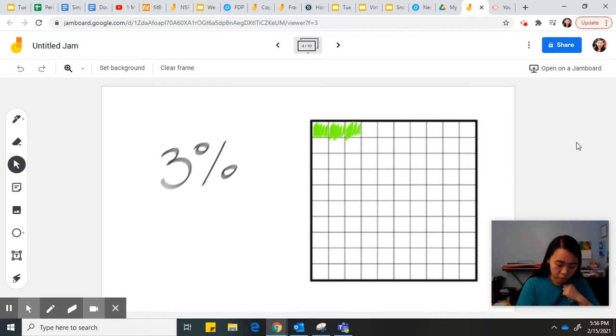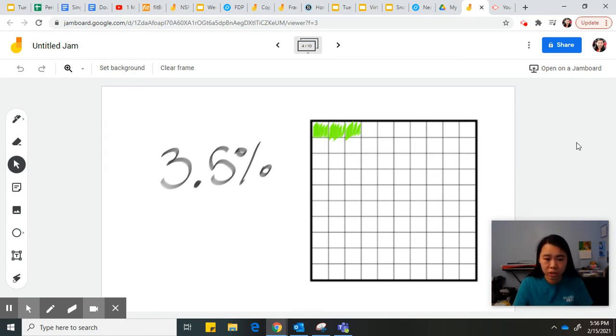So instead of having 3%, what if I had 3.5%? Is it possible to have 3.5%? What does this look like? It is possible. What it would look like is 3 total boxes shaded in, and then a little bit more, not quite 4, but just a little bit more there. So it is possible to have a percentage be a decimal.